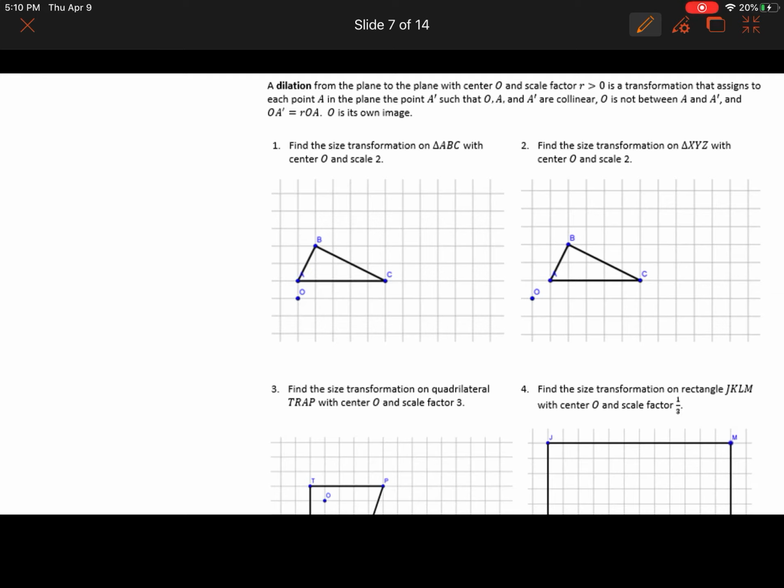Okay, so looking at it, from O to A is 1 square. So I need to go from O to A prime, and it's got to be 2 squares in that same direction, right? So it's going to hit right there. That will be my A prime. O to B, you can see that it's the diagonal of that little rectangle, up 3 over 1.